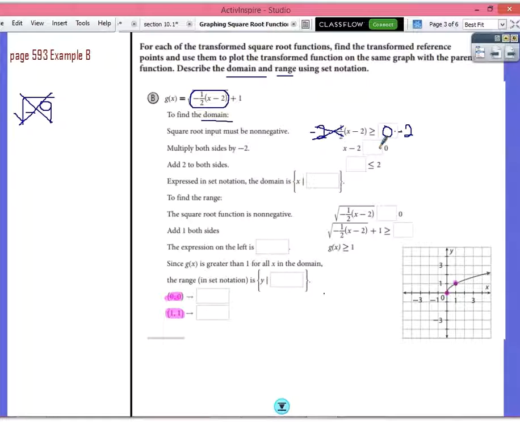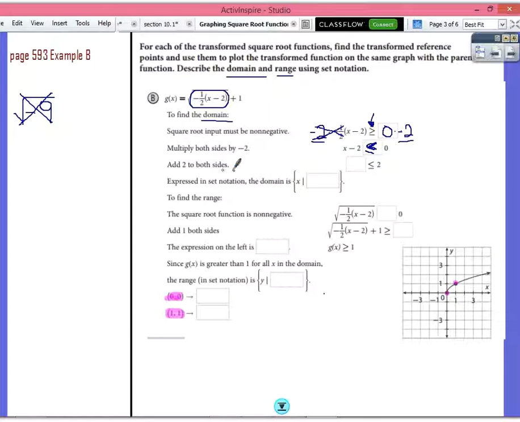However, one thing we do have to remember is that when we are solving an inequality problem and we are multiplying or dividing by a negative number on both sides of the inequality, then that means we have to flip the sign around and make it now a less than or equal to sign.